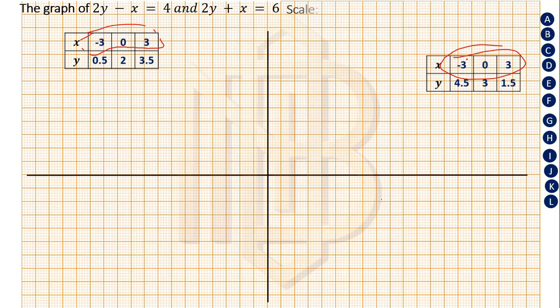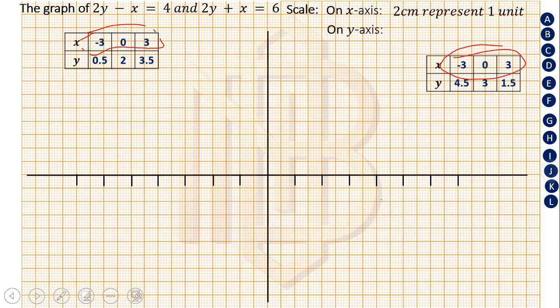This is what I mean by that. On the x-axis, of course, and for the y-axis we choose 2 centimeters to represent 1 unit. This is what that implies. So on the x-axis we have the calibration. Can you see? Okay, so that's 2 centimeters.